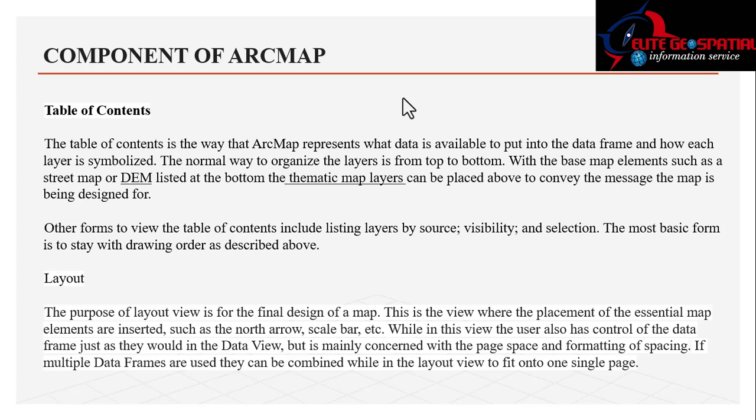So it's an essential map element. That's where you place your essential map elements. So basically, this is where you do your formatting of space, everything that has to do with the map that people will see at the end. It's done in the layout view.